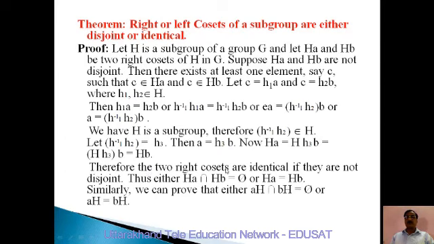Therefore, the right cosets are identical if they are not disjoint. Thus, either Ha and Hb are disjoint or Ha equals Hb. Similarly, for left cosets, aH intersection bH equals phi or aH equals bH.